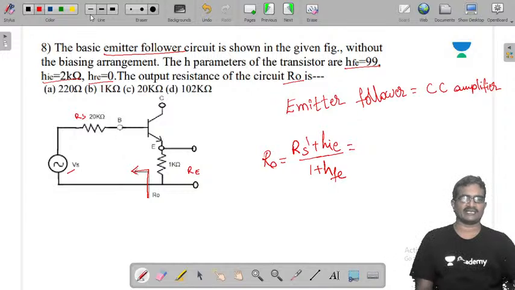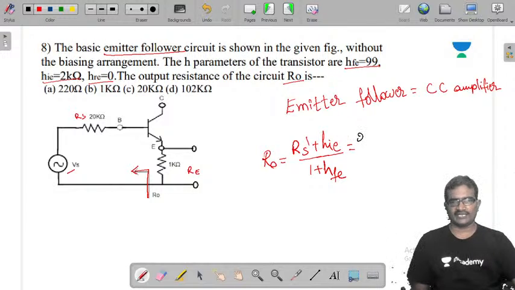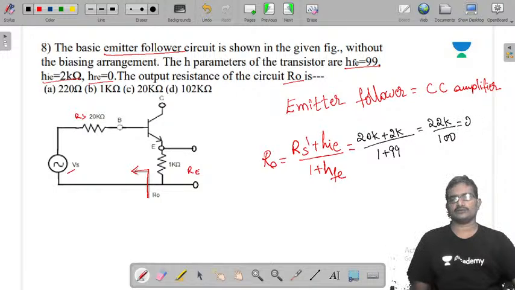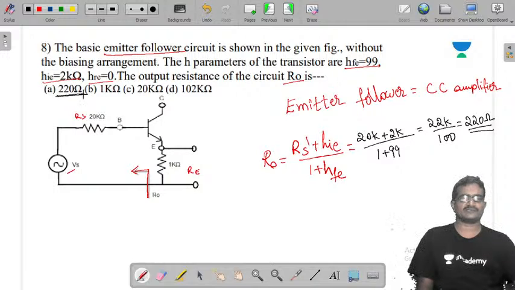It is 20k plus hie given as 2k, by 1 plus hfe given as 99. That is 22k by 100, which is 220 ohms. So the option is 220 ohms. It was a previous IES question. Once you are familiar with the analysis part, you can directly use the equation.